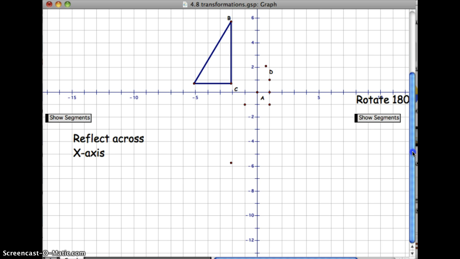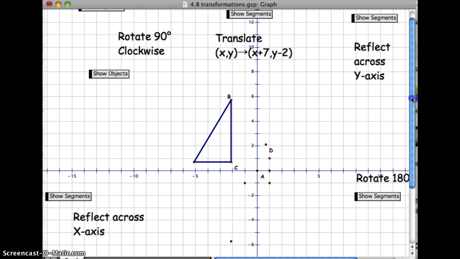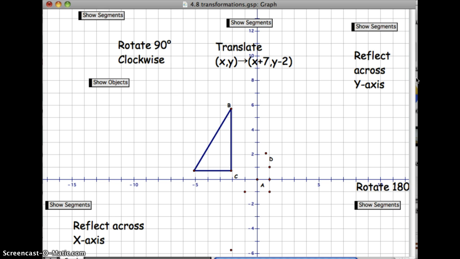Let's look at some actual transformations, okay? We're going to quickly look at your translation. Translation is simple. Here, it's giving me x, y. I'm going to translate it 7 units. So which way am I going? To the right. And then I'm going to go which way on the y-axis? Down. So my triangle should go to the right and down.